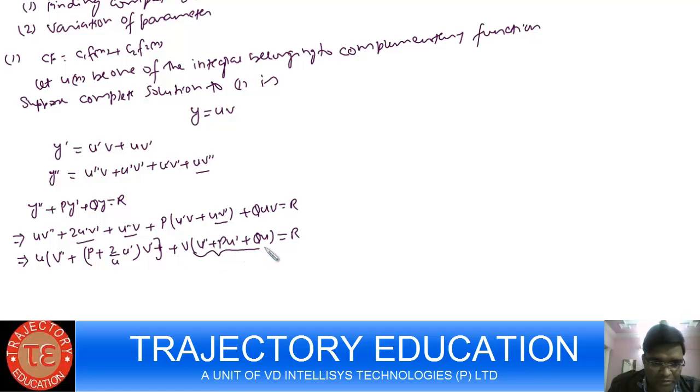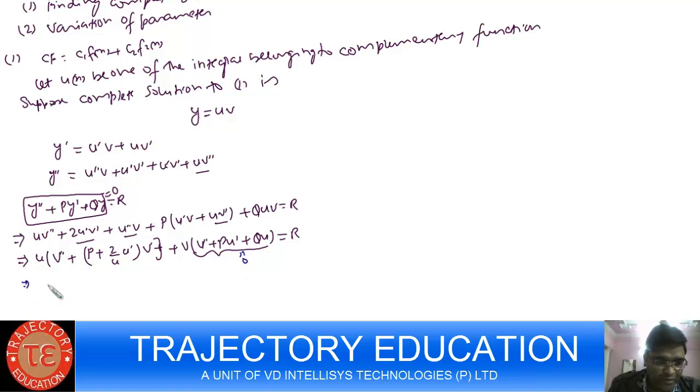So this factor is going to be 0 since your u is an integral belonging to the complementary function. It must satisfy y double dash plus p y dash plus q y equal to 0, making r equal to 0. So in this case, this will turn out to be 0.